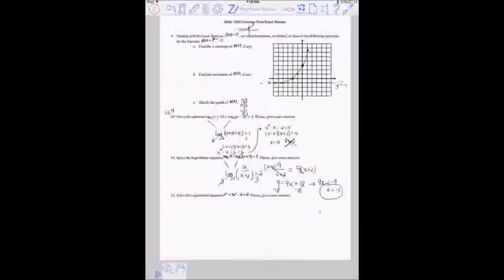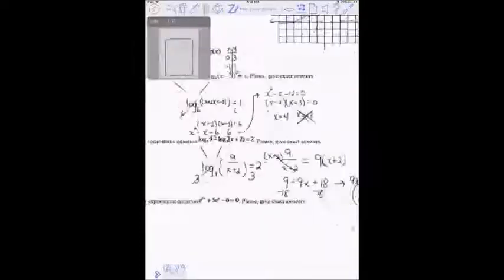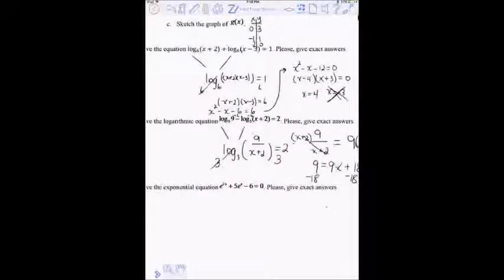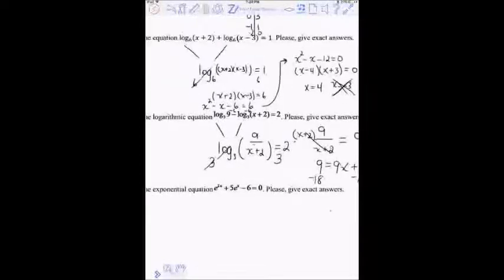Now, I'd pay particular attention to question 12. This is still from section 4.4, well, 4.4 and 4.5. Solving exponential equations. We didn't actually solve one that looked quite like this.